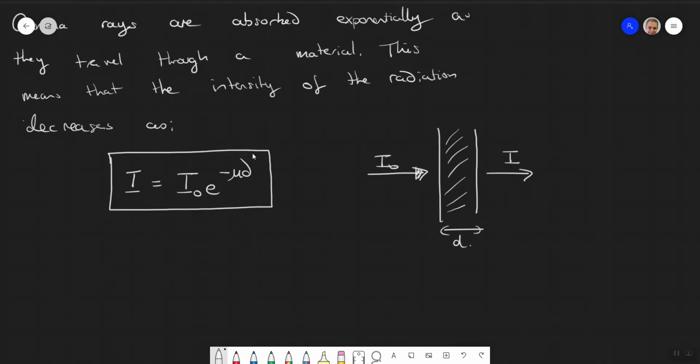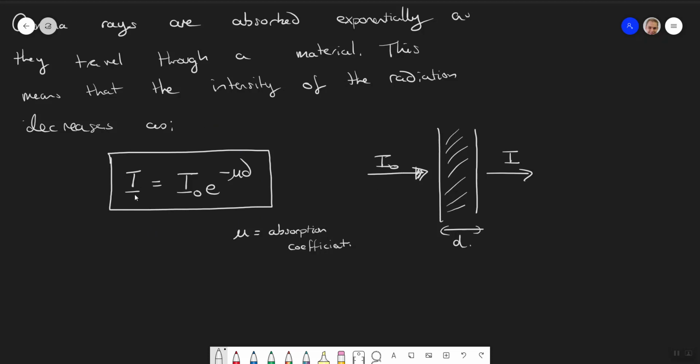And so mu is called the absorption coefficient. Gamma radiation's absorption we can look at like this.